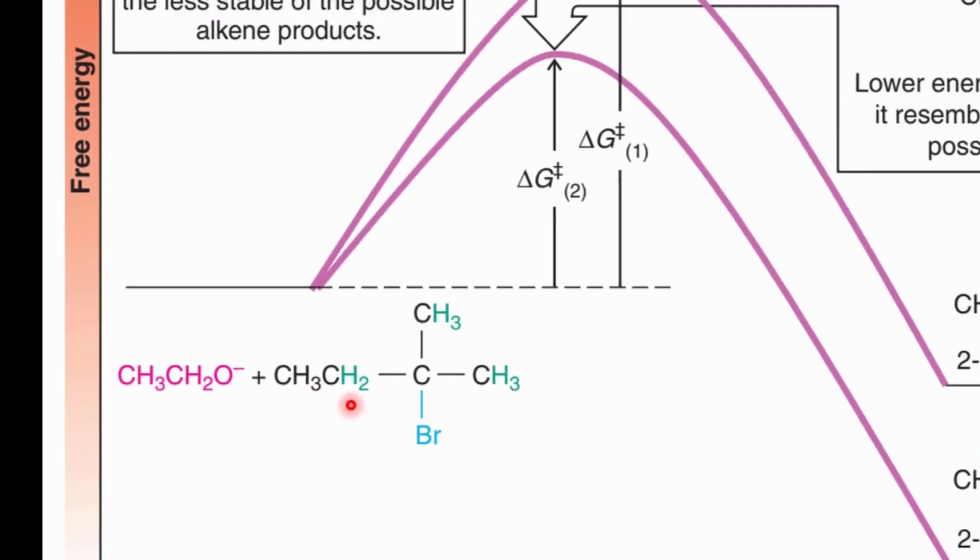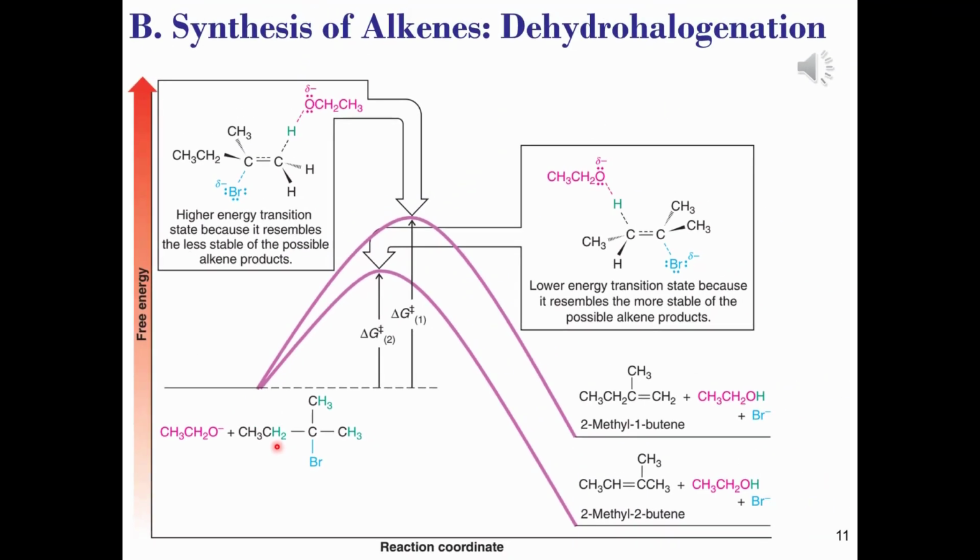When we look at this, the one that is going to give us the higher energy transition state will be either of the methyl groups, and this is because it resembles the less stable formation of that alkene product, i.e. the less substituted alkene.